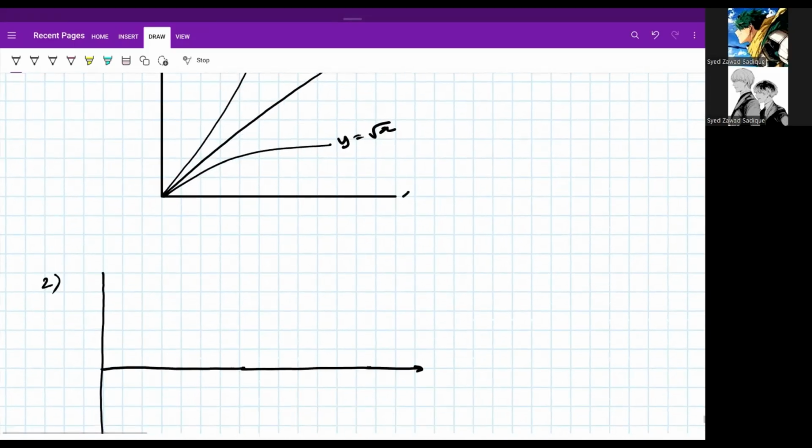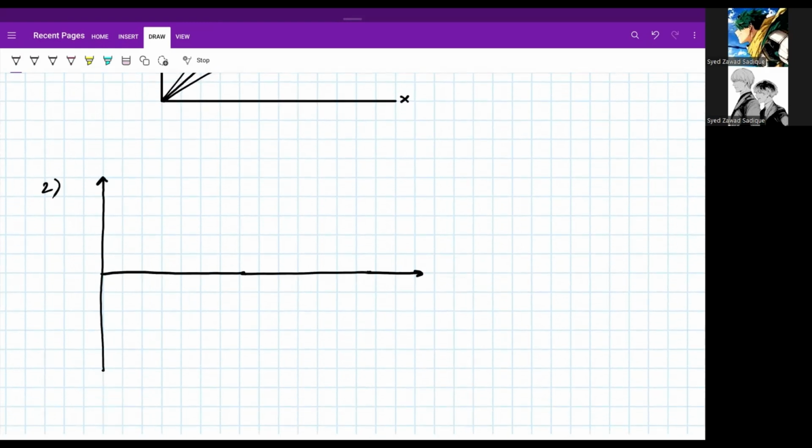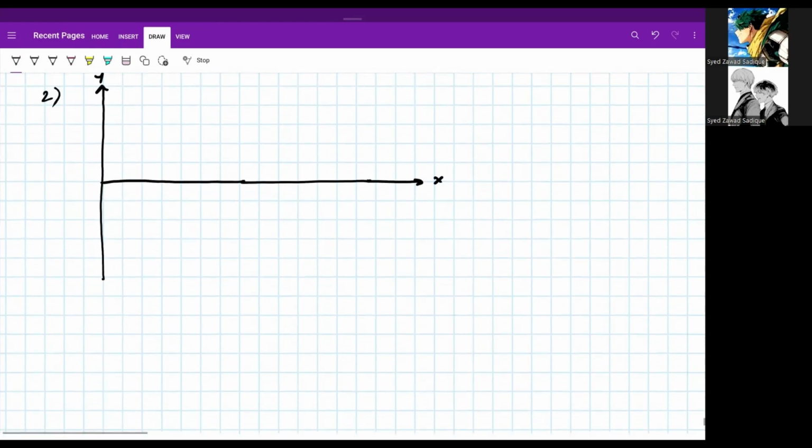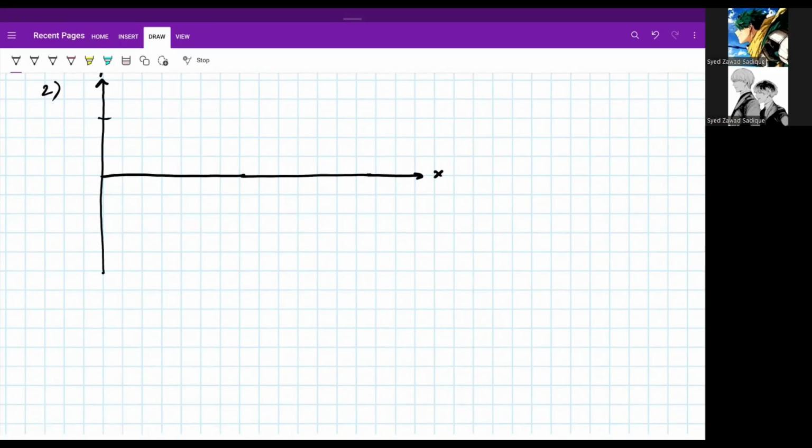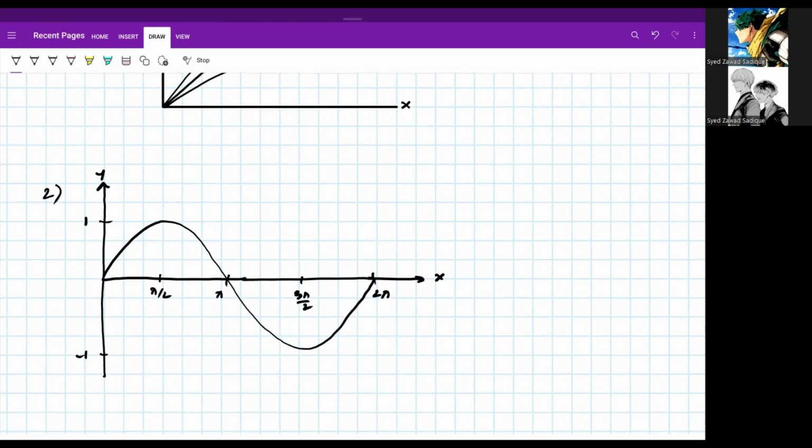Y, X. So this is one. Okay, so this is, of course, pi by 2, pi, 3 pi by 2, 2 pi. Of course, from -1 to 1, this is y equals sine x.